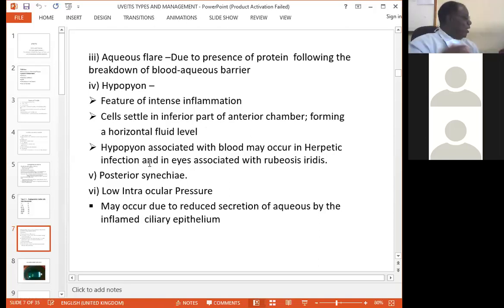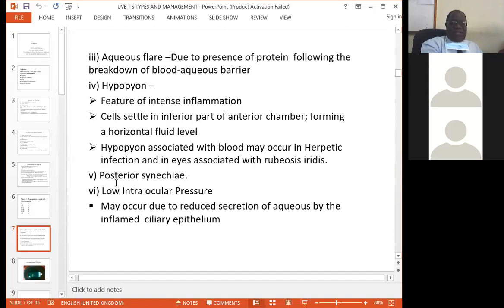You have again a fluid level, but whitish. That's hypopyon. It's inflammatory cells. When you see that blood, it's a traumatic event. Someone punched by unkind people.